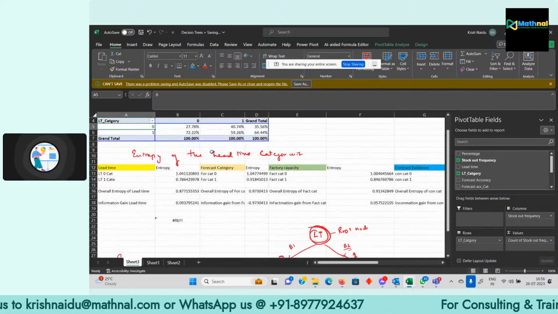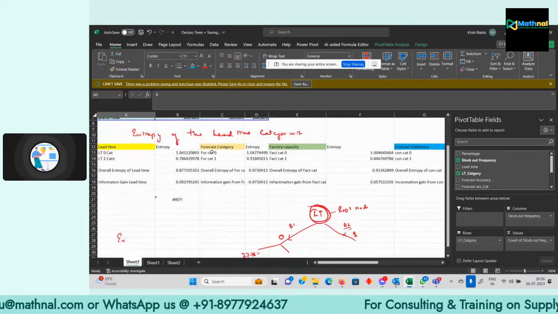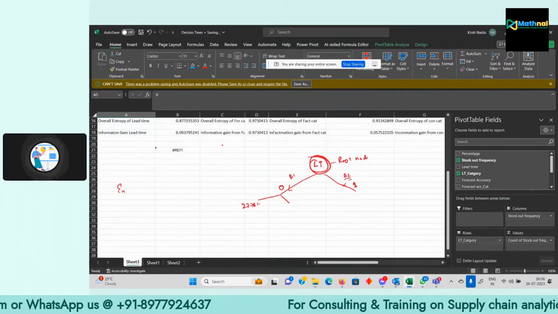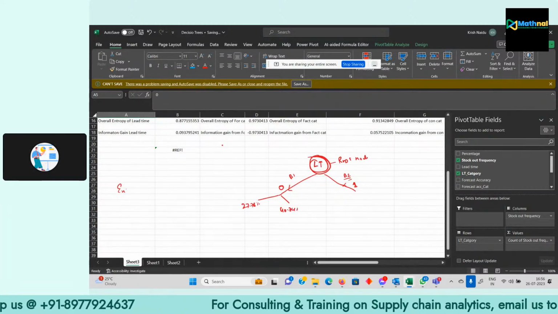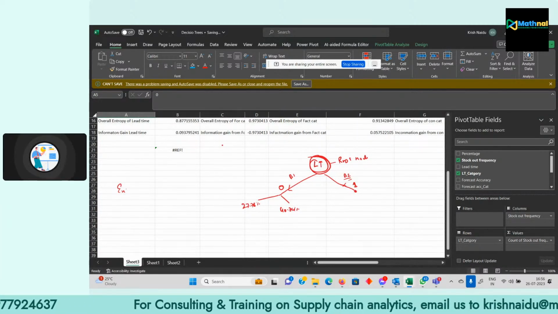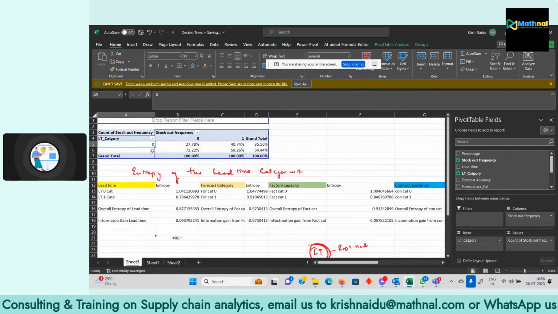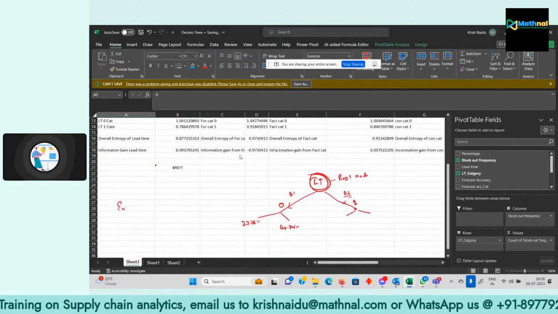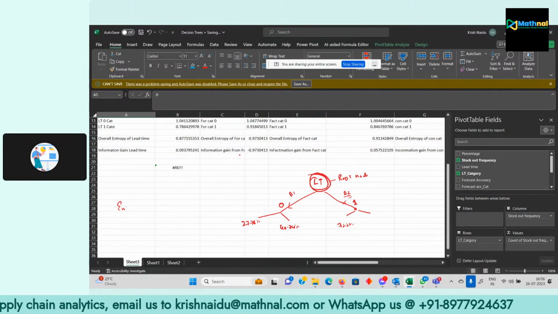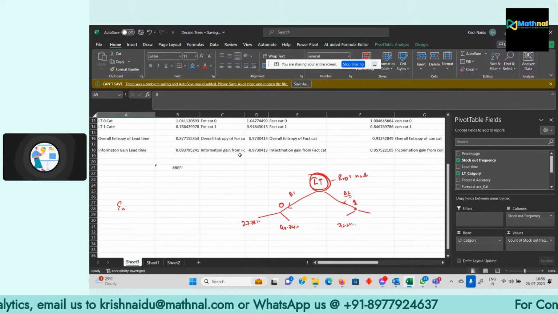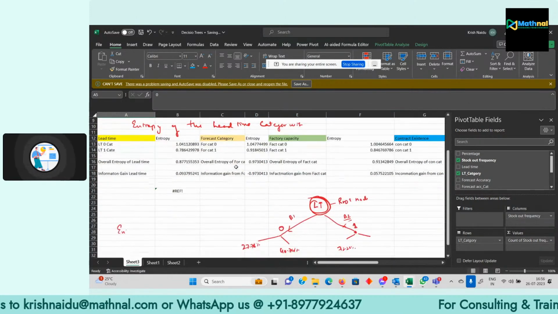And from not a stock out, it is 40.74%. Similarly, from branch one, we have again stock out and no stock outs. The stock out is how much for branch one? 72.2%.